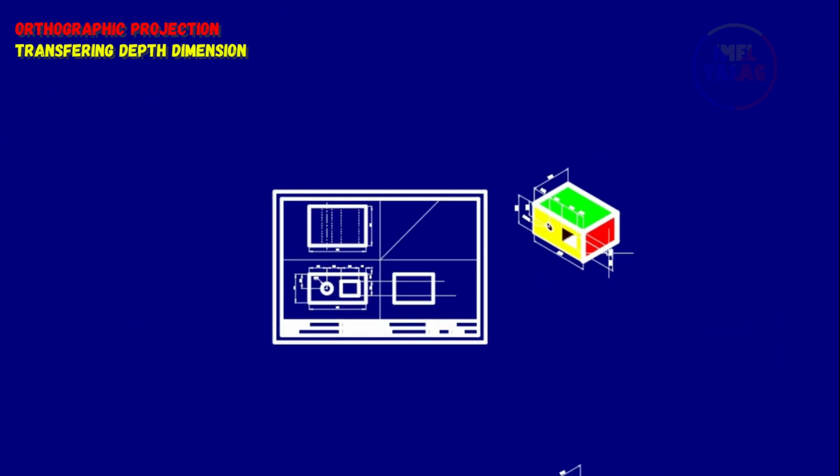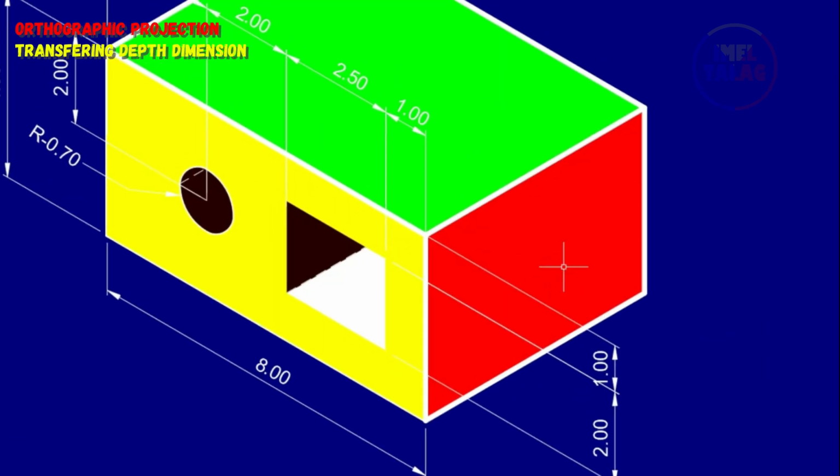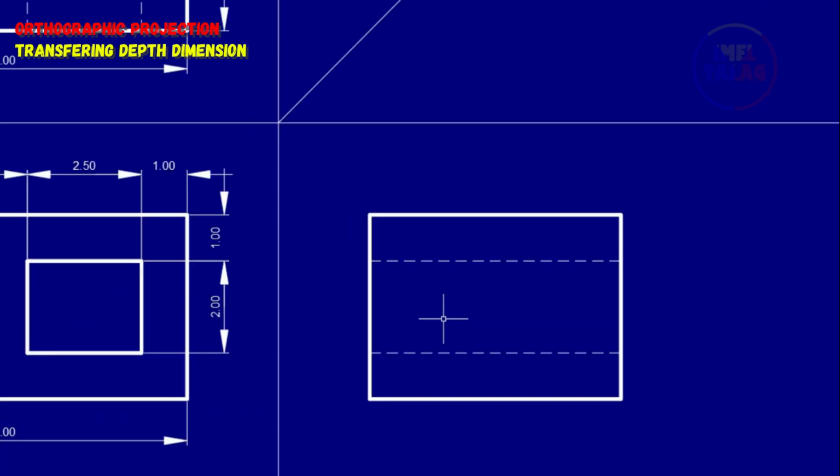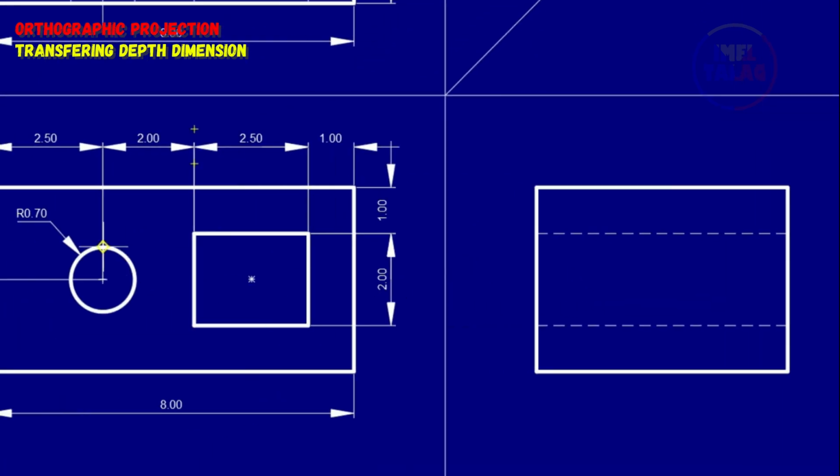Okay, so since hindi natin nakikita directly yung butas na yon from this view, ay gagamit tayo ng hidden lines. Yun, palitan natin to ng hidden line. And after that, ito naman bilog. So i-project din natin papunta sa kanan.